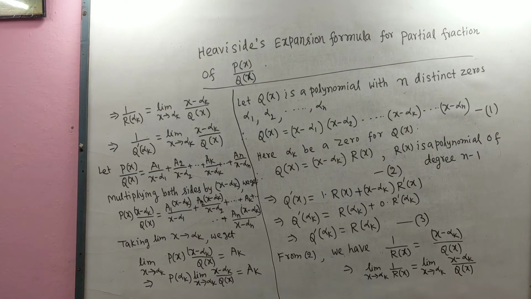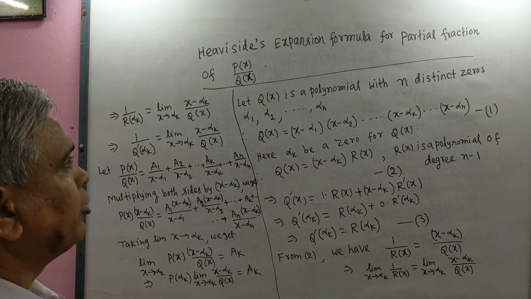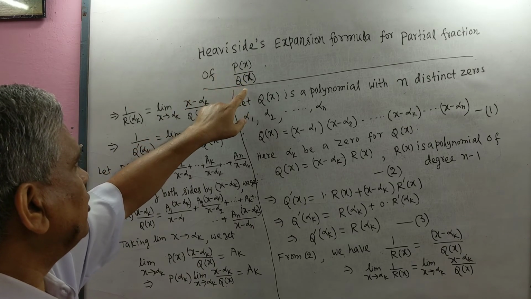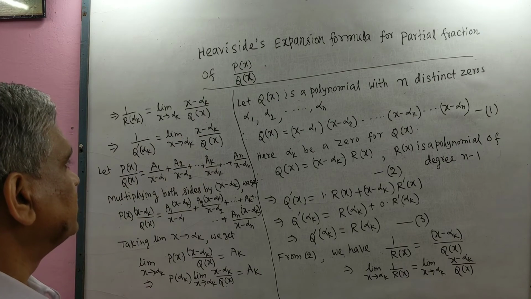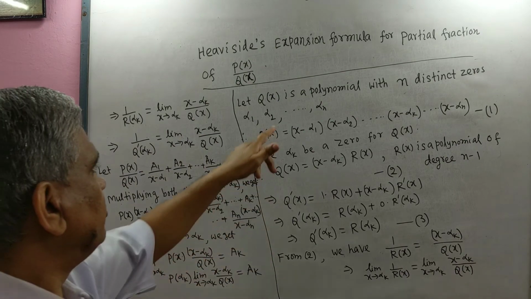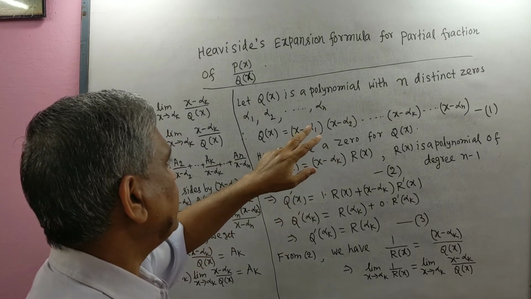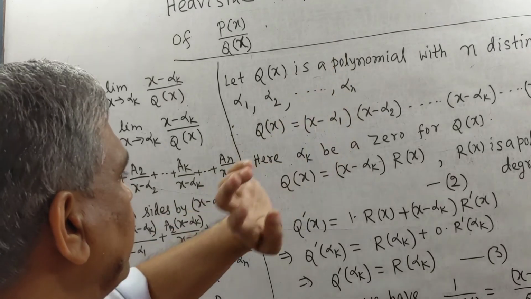Now we describe the Heaviside expansion formula for partial fraction of px by qx. Px is a polynomial and qx is another polynomial. Since qx is a polynomial, let it have n distinct zeros, alpha 1, alpha 2, ..., alpha n.